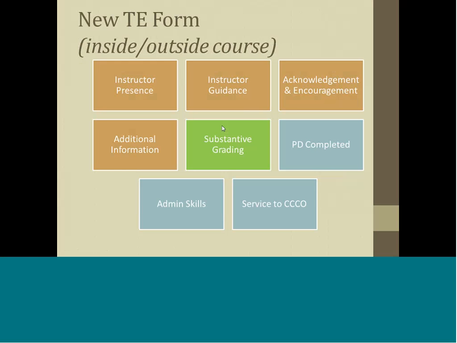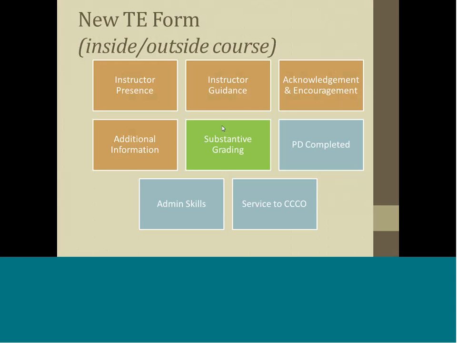So we've been talking about so far what's inside the course and the TE form evaluating what the chair can see, what the TE team can see inside the course. This is just a little visual to show you that the new TE form is including a few elements that are outside the course as well.